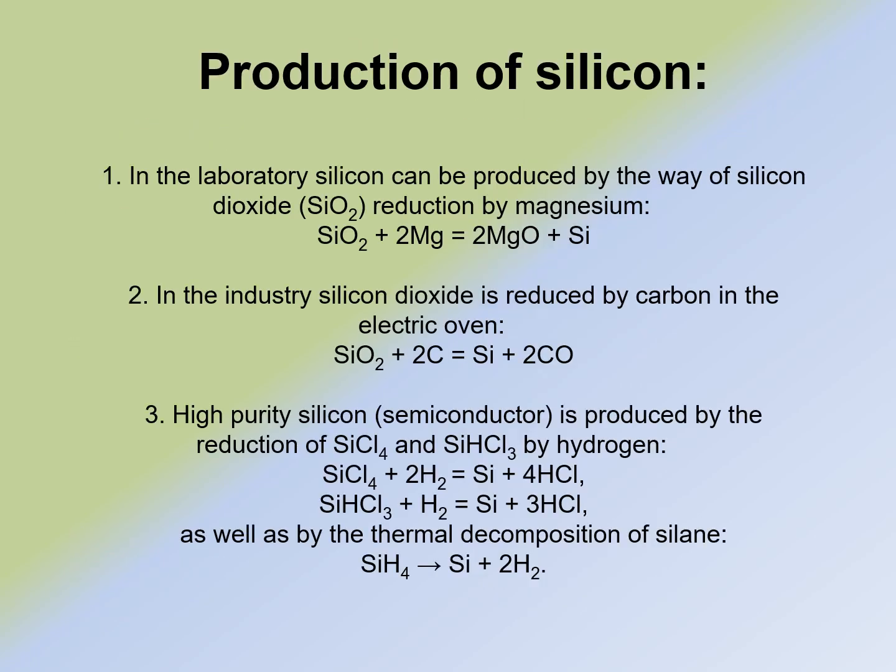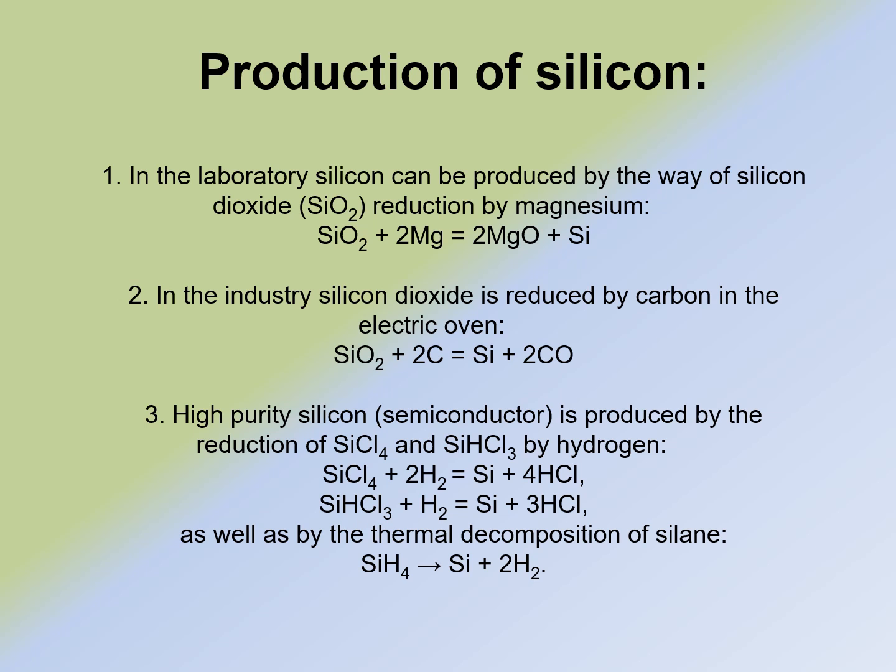Okay, how can we produce silicon? It can be reduced from SiO2 with the help of magnesium, for example, or with the help of carbon. Also, halides of silicon can be used for this purpose in the reaction with hydrogen.